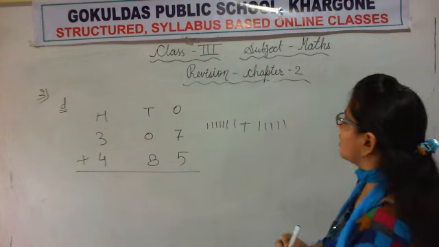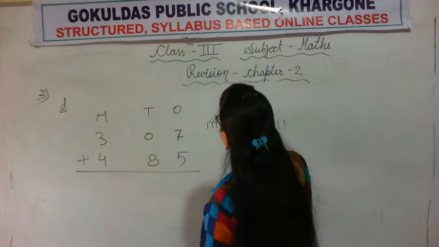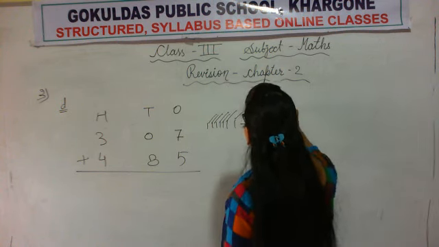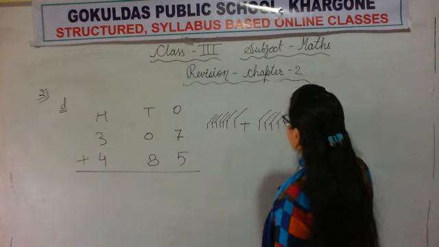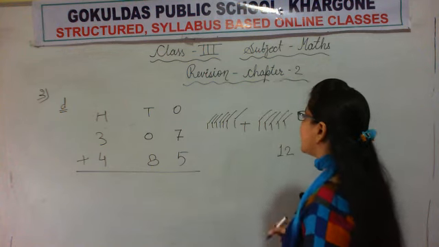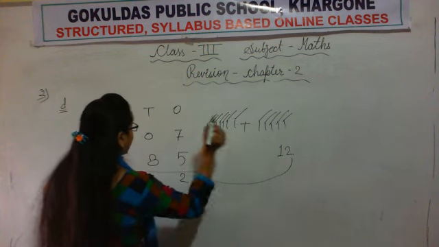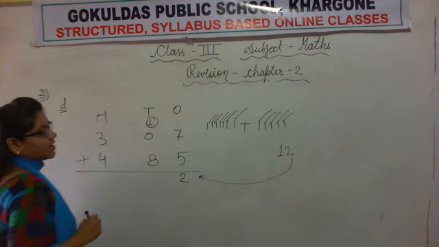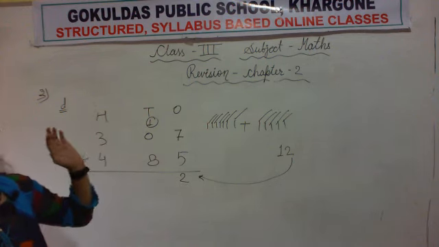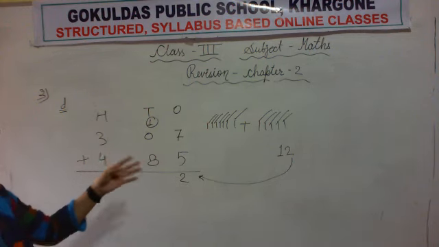Now let's add them all. 1, 2, 3, 4, 5, 6, 7, 8, 9, 10, 11 and 12. 2-digit answer. This one we will write in the column of ones, and the next one we will write in the next column in the form of carry.